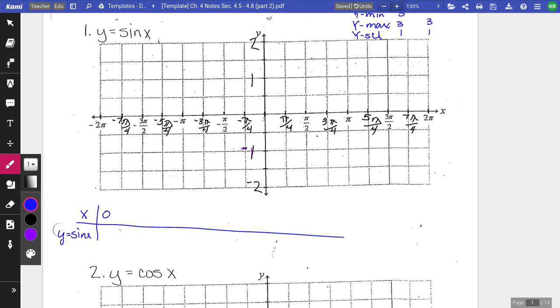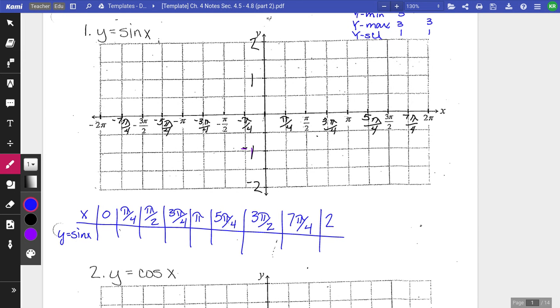We're first going to start with 0. Then we'll look at pi over 4, pi over 2, 3 pi over 4, pi, 5 pi over 4, 3 pi over 2, 7 pi over 4, and 2 pi.